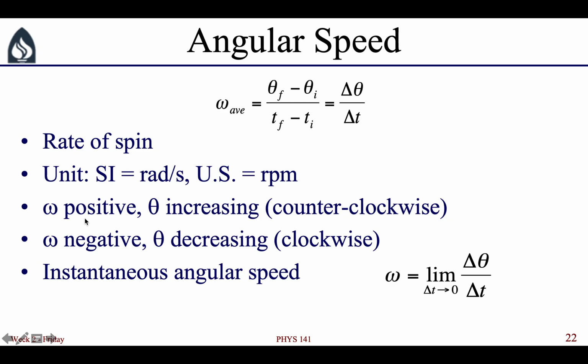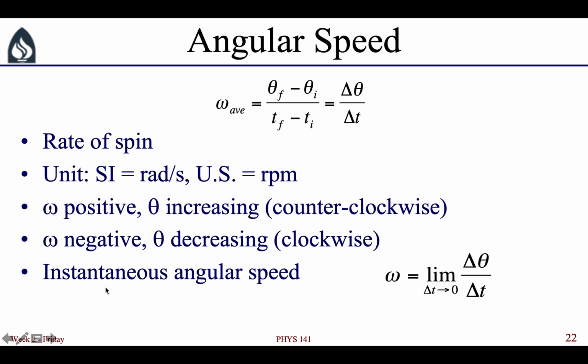Now we use the convention that if omega, this symbol is omega, is positive, the angular speed is positive, then theta is increasing, so we have counterclockwise motion, and if it is negative, then theta is decreasing, meaning that we have clockwise motion.